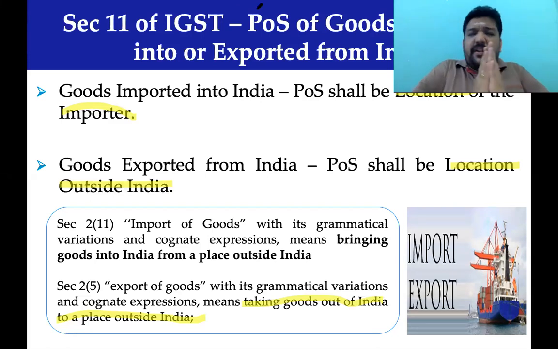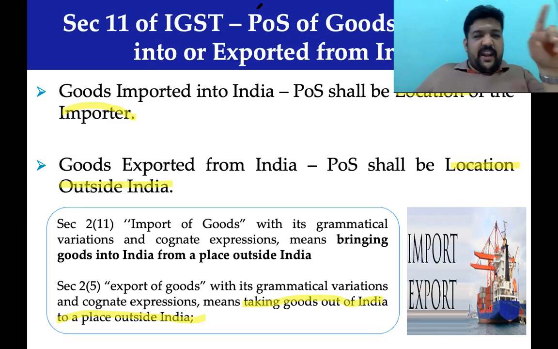On a conjoint reading between section 10 and section 11, which discuss place of supply of goods, I think we all will agree on certain counts. A very fundamental question we will ask of a transaction: first, is it import or export? If the answer is yes, then we will direct it to section 11.